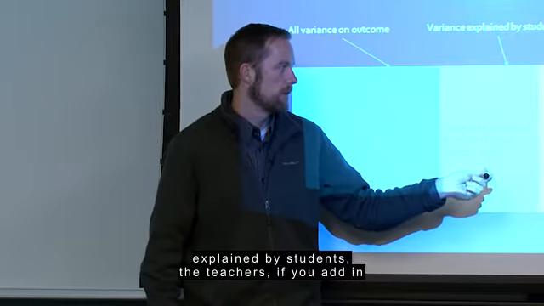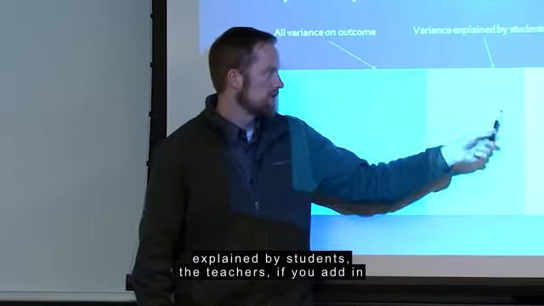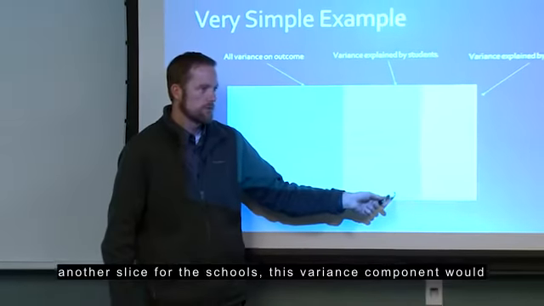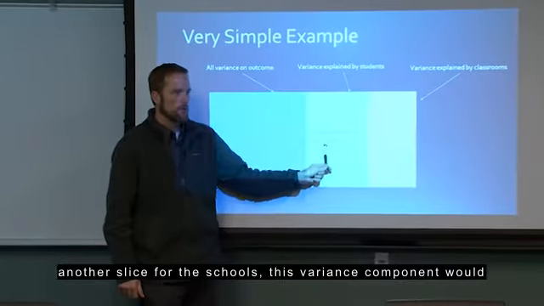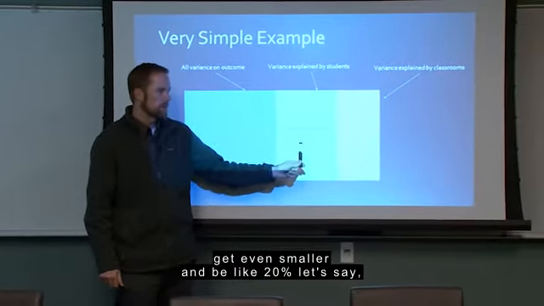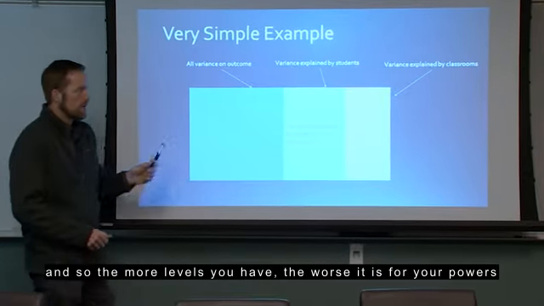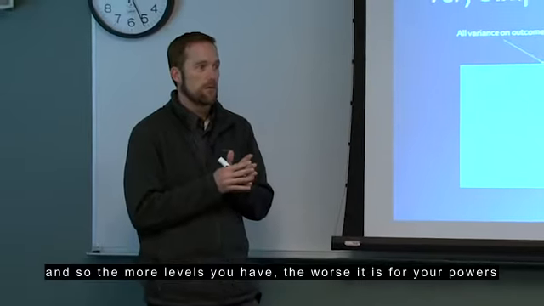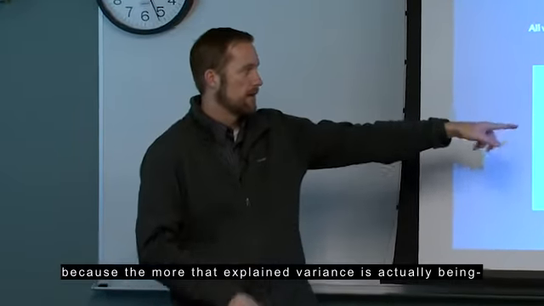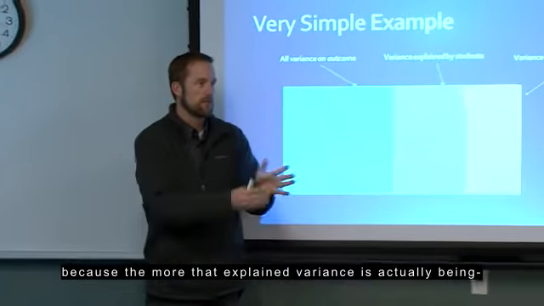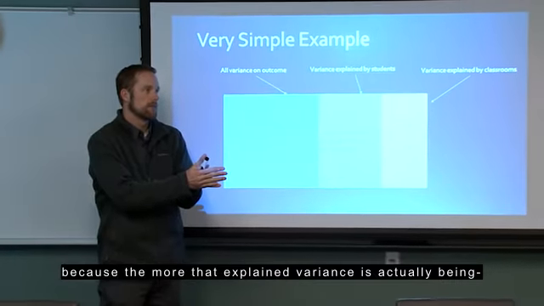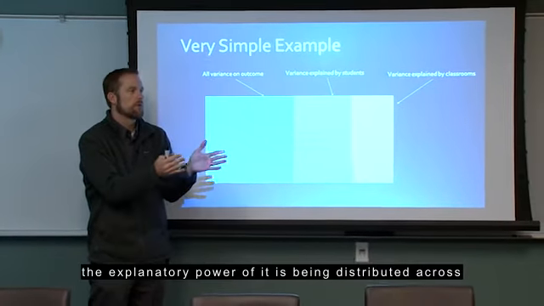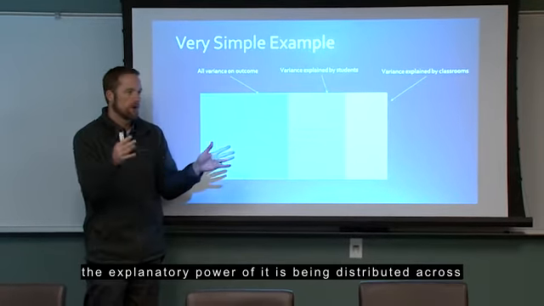If you added another slice for the schools, this variance component would get even smaller. It'd be like 20%, let's say. And so the more levels you have, the worse it is for your power, because the explanatory power is being distributed across more levels.